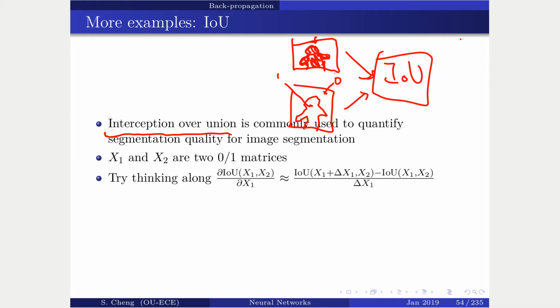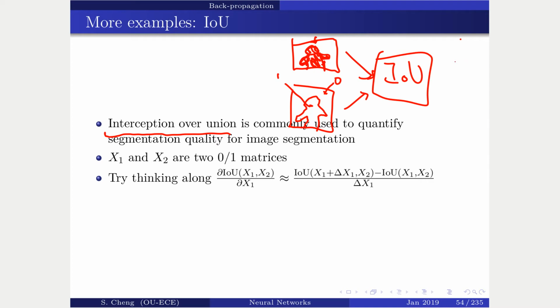Then my IoU operator will basically count the number of pixels in the intersection of both masks. That's the AND operator, where both masks consider it as 1, over the union of the masks.